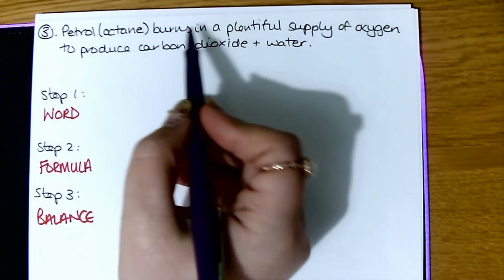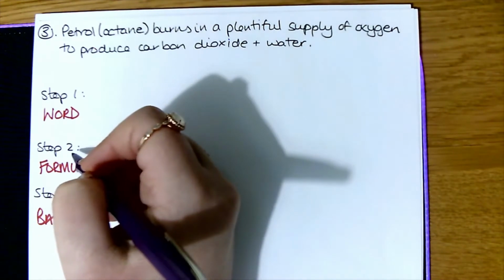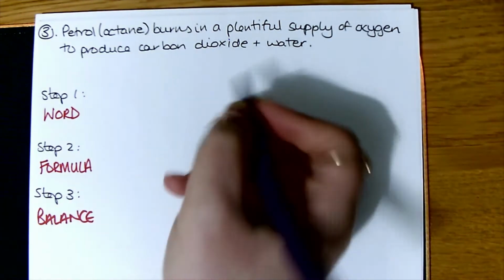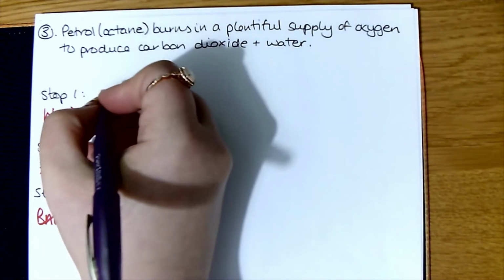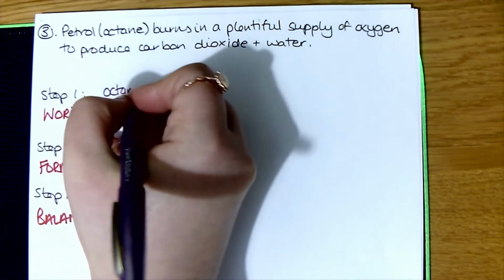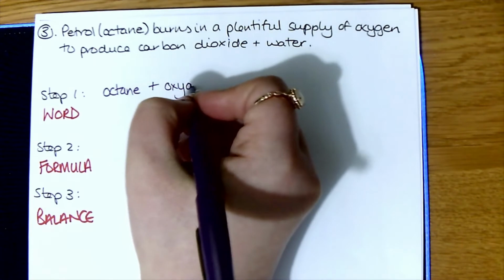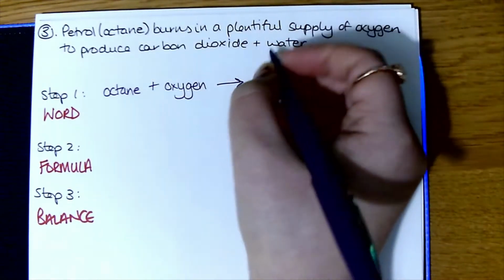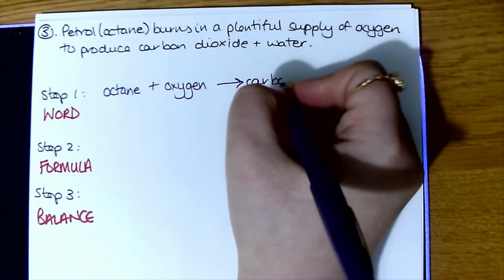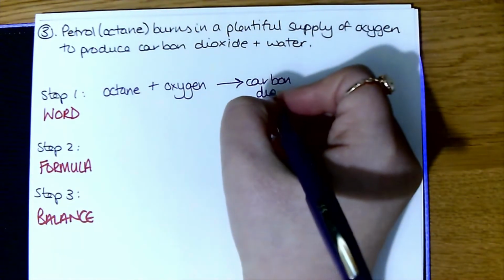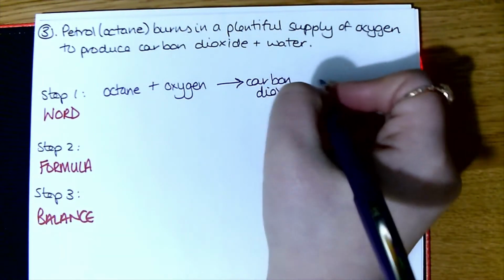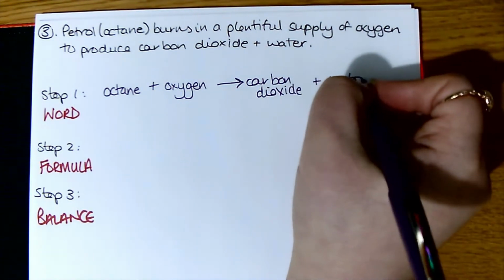Petrol, which is octane, burns in a plentiful supply of oxygen to produce carbon dioxide and water. So my reactants are octane and oxygen, produce carbon dioxide and water.